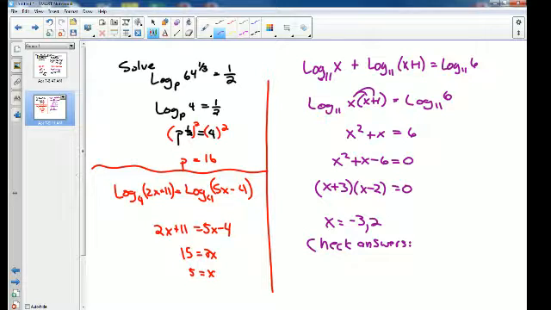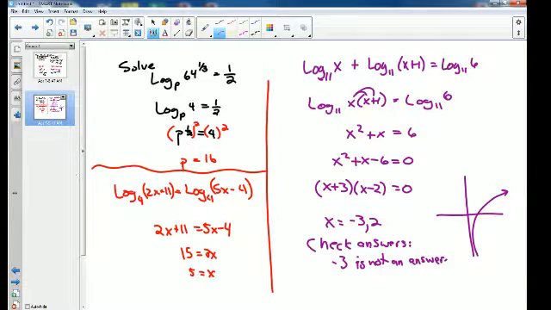Okay. The question from yesterday, we talked about the domain of logarithms, right? Is the logarithm defined for negative numbers or not? If you look at the graph of the log, it looks like this, with no negative x values. So negative 3 is not an answer.